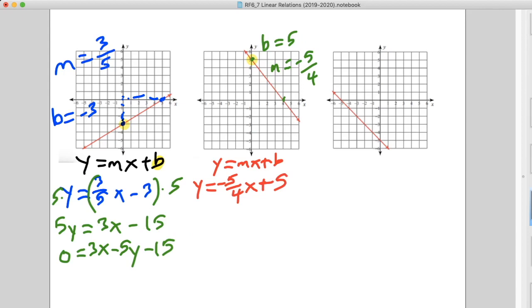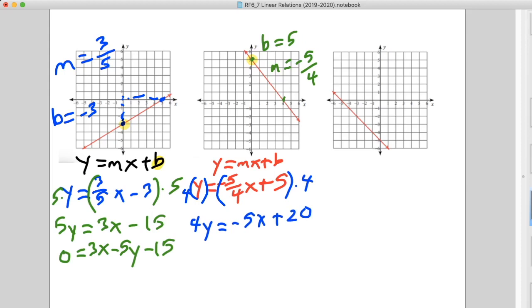So everything gets multiplied by 4. I'll multiply this by 4 and multiply all of this by 4. So 4y is equal to negative 5x plus 20.